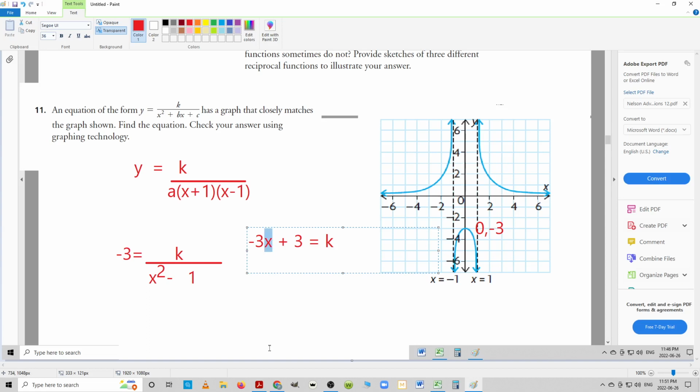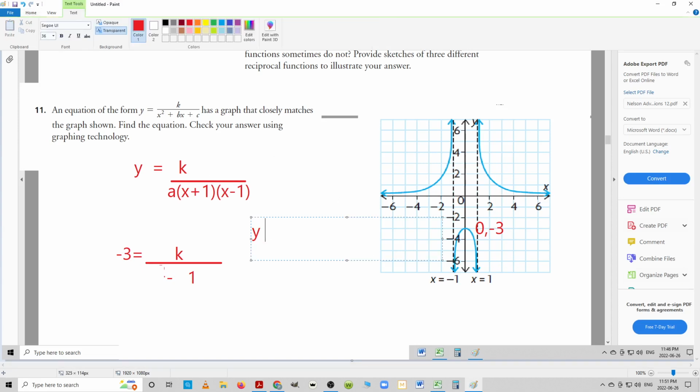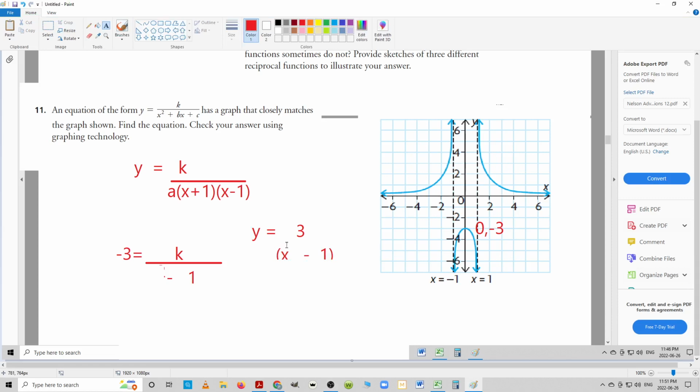So let's go back here and remember that x is 0 in this case, and that x 0 squared would leave minus 1. If I multiply both sides by minus 1, I get plus 3, so k is equal to plus 3. So I think what they're trying to tell me is that the formula is y is equal to 3 over x squared minus 1. And that's where the 3 comes from.